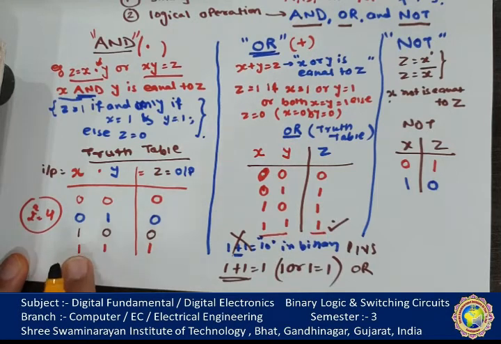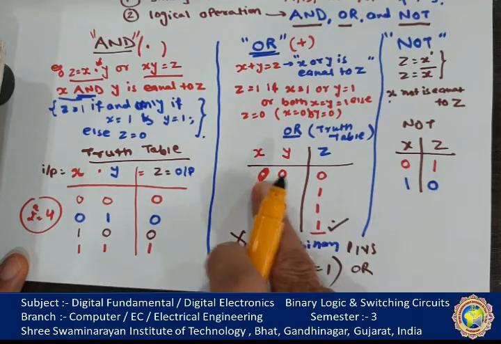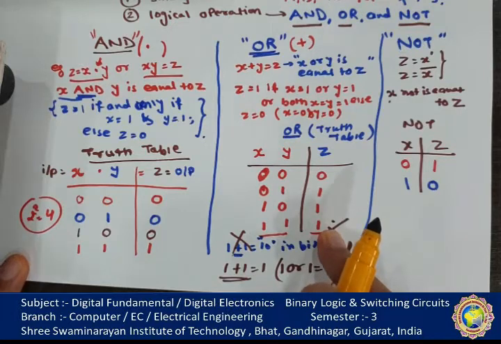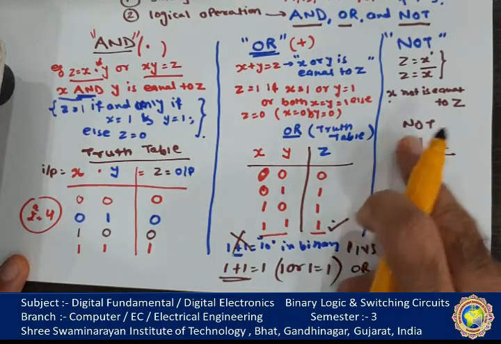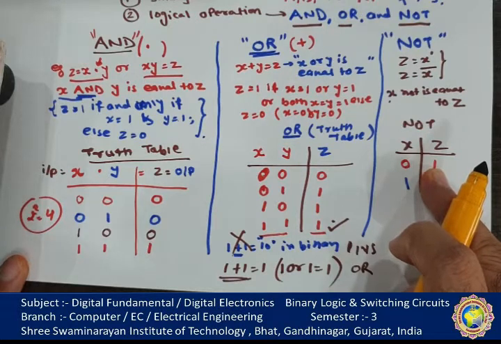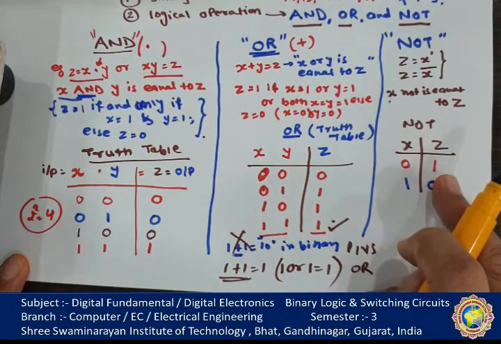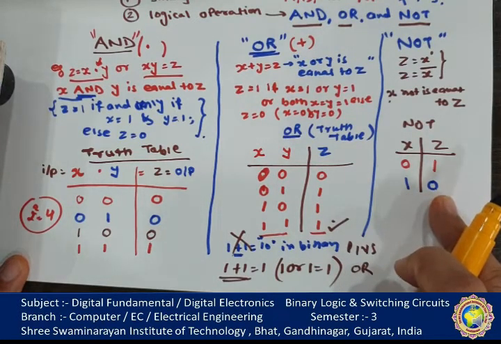In AND logic, when both inputs are 1, the result is 1, else the result is 0. In OR logic, when both inputs are 0, the result is 0, else the result is always 1. In the NOT gate, whatever the value of X, the result is its complement, the other possible value. X is 0, so NOT is 1; X is 1, so X dash is equal to 0.